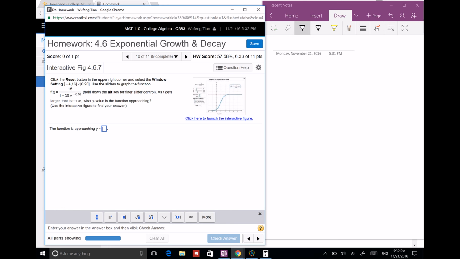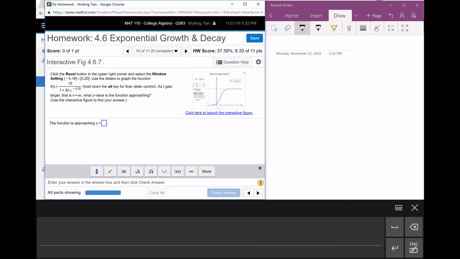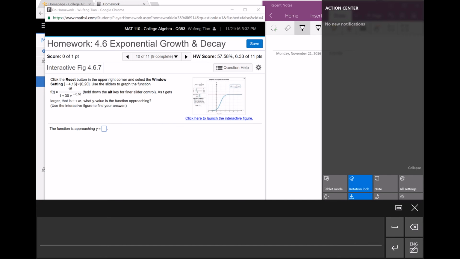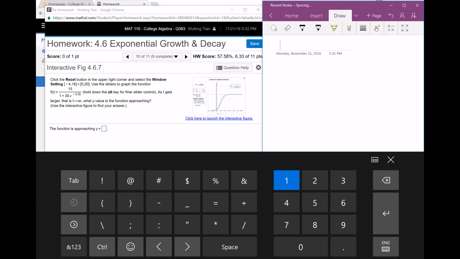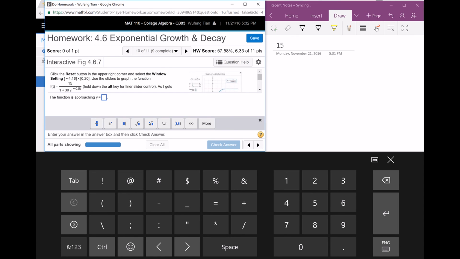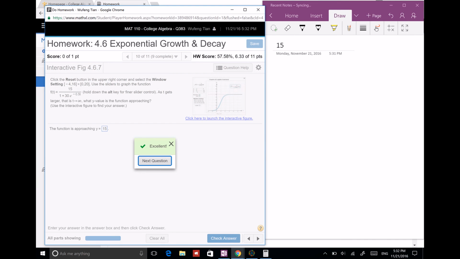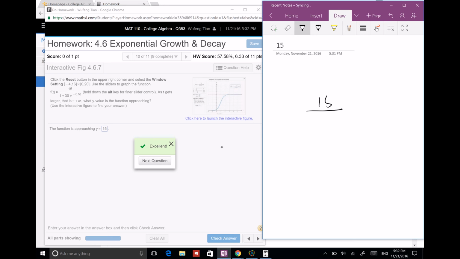It's just 15, because when x goes to infinity, the bottom goes to 1. It's 15 over 1 plus 30 e to negative infinity. So e to negative infinity is 1 over e to infinity, which is 0. So 30 times 0 is 0. 15 over 1 plus 0 is 15. That's it.